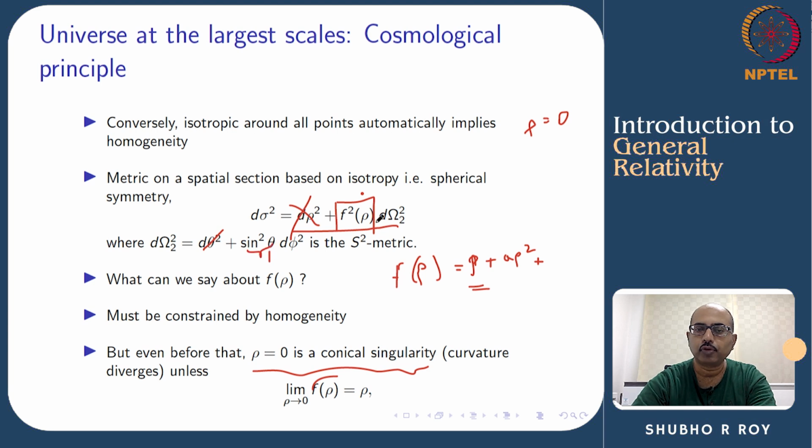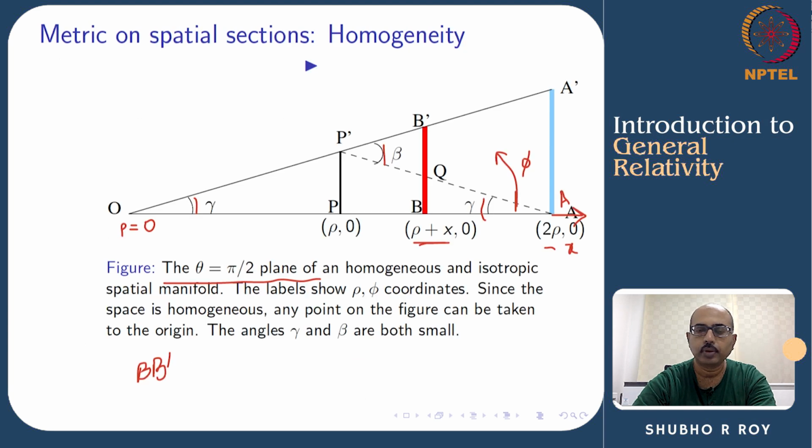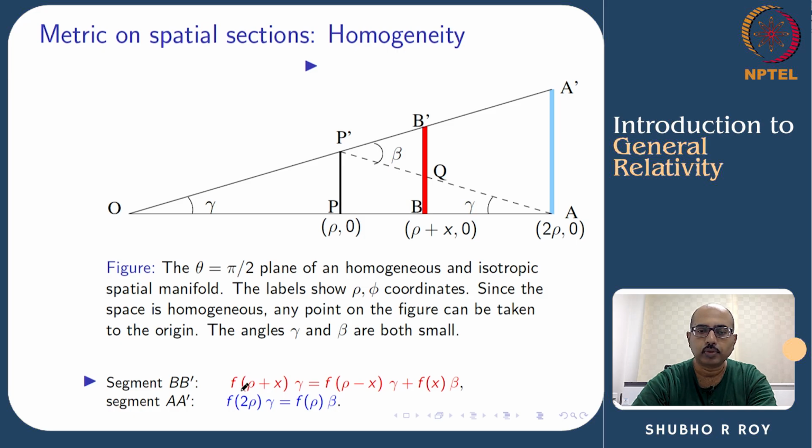So this is f of rho times d phi, which is what I've written. D phi is the angle between the lines OB and OB prime, and that is gamma. Sine gamma is equal to gamma because gamma is small. And f of rho is at this point, where rho is almost the same, which is rho plus x. So f of rho plus x times gamma is the length of the line segment BB prime.